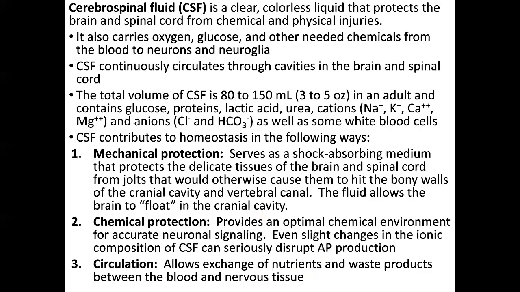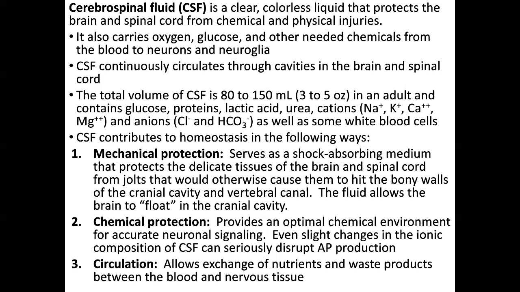Now, closely associated with our blood-brain barrier is the fluid that's formed when stuff leaves the blood, like water and ions and whatnot. We call this the cerebrospinal fluid. We talked a little bit about it earlier today in this lecture, and also in a previous lecture when we talked about ependymal cells, another one of those neuroglia supporting cells.